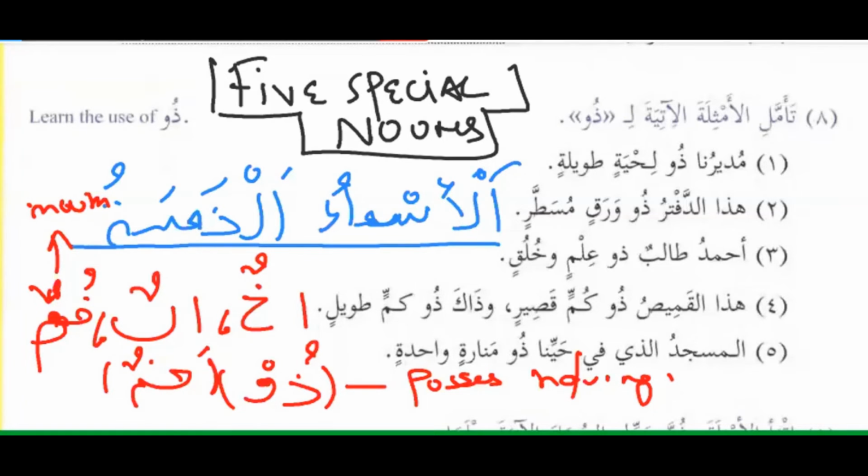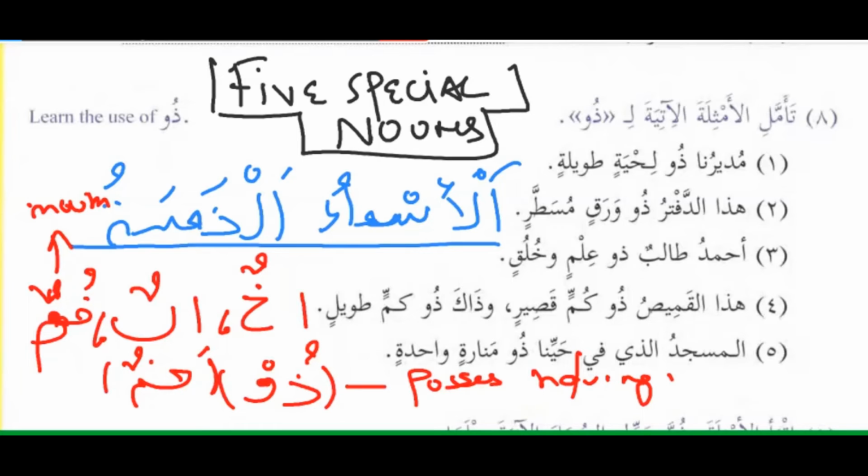Al-hammu maut. Qala Nabi sallallahu alayhi wa sallam, al-hammu mautun. Hammun is the brother of the husband or wife.